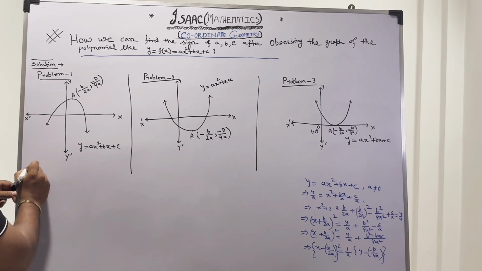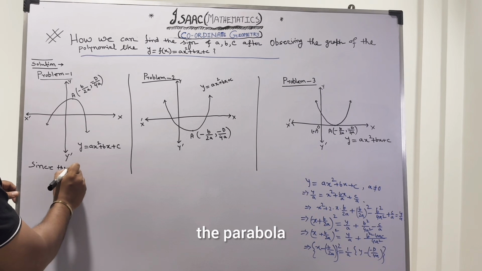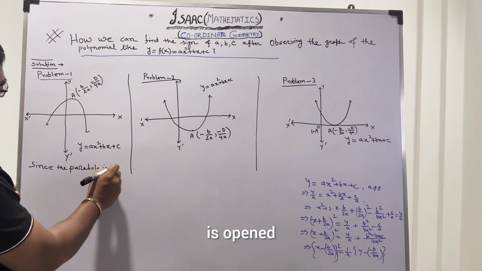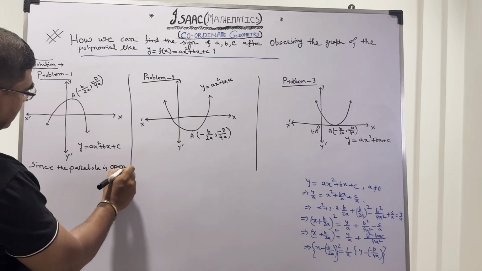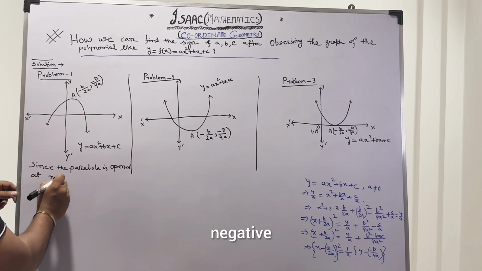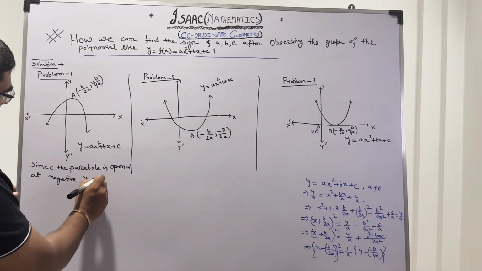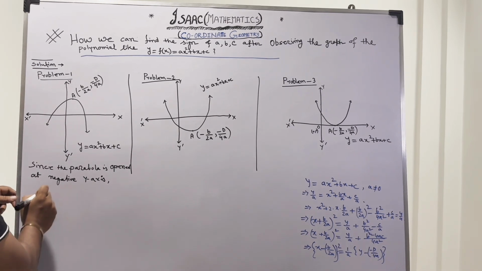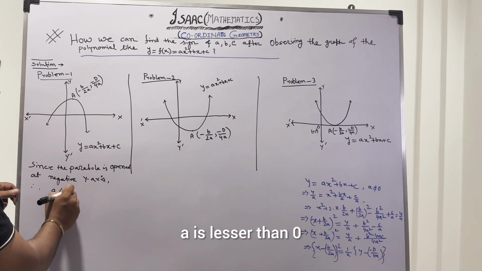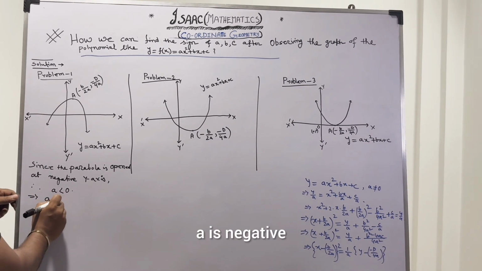Since the parabola is opened at negative y axis, therefore a is less than 0, which implies a is negative.